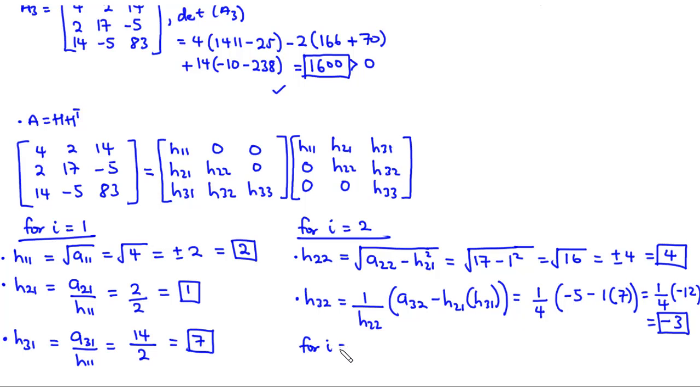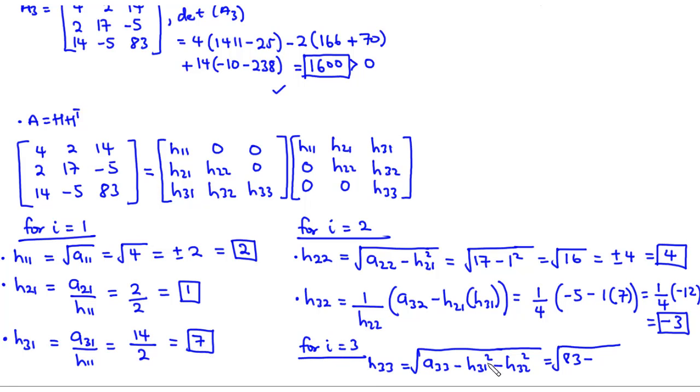Now let's move on to column 3, that is for i equals 3. For the third column, we only have the element H33. According to the algorithm for HKK, the formula is given by the square root of A33 minus H31 squared minus H32 squared. So that is simply the square root of 83 minus H31 squared.